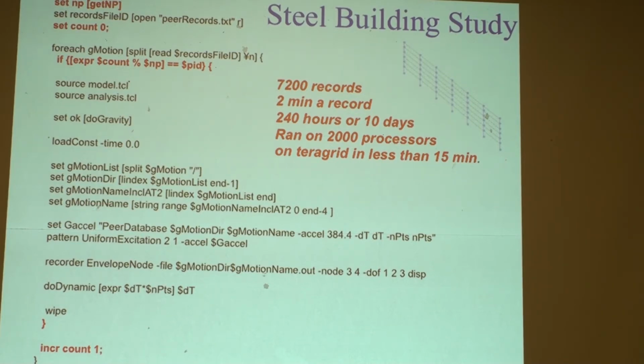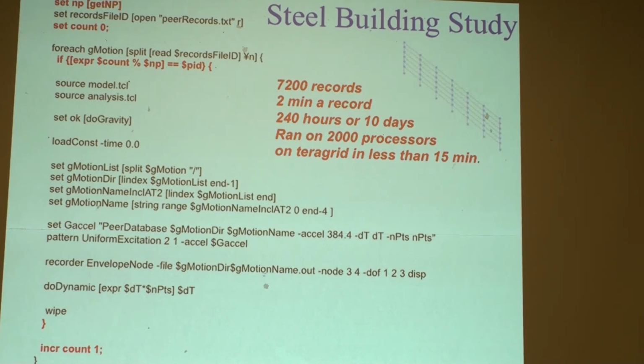All they really have to do is take their original script, in which they have their for or for each loops, and add 6 lines of code. You can add these 6 lines of code to your sequential script. It's not going to break it. It's still going to work. With these 6 lines of code, you get the process ID and get NP. I set some variable count equal to 0. Then inside your for each statement, you basically switch.